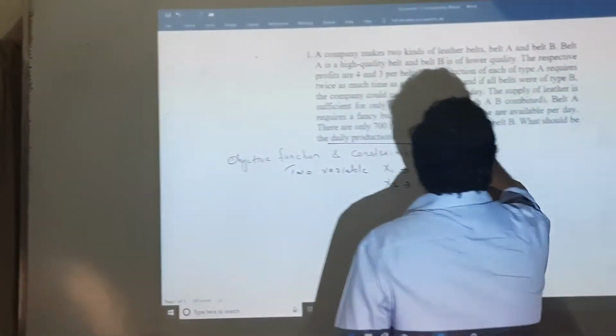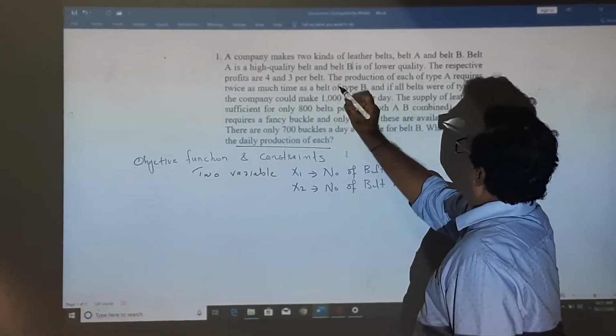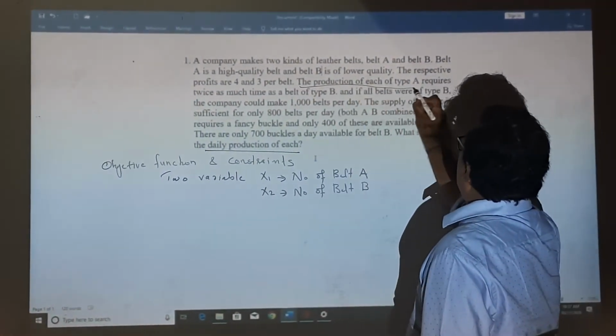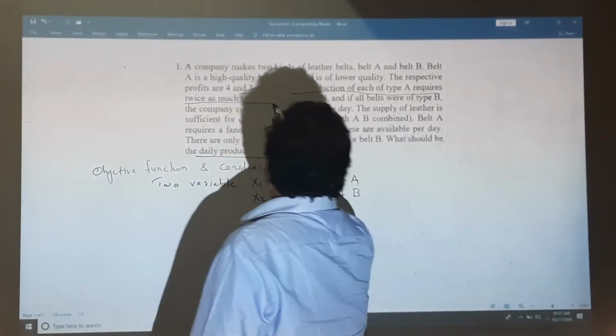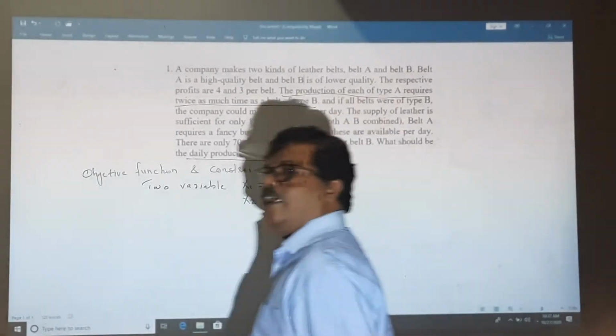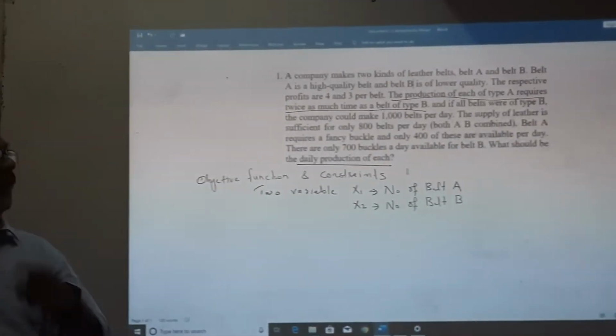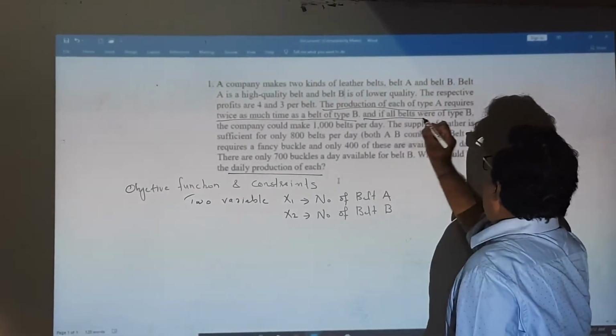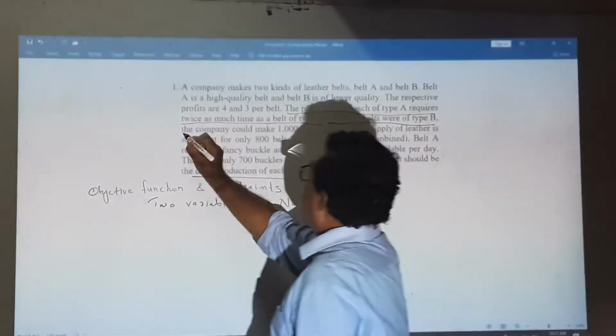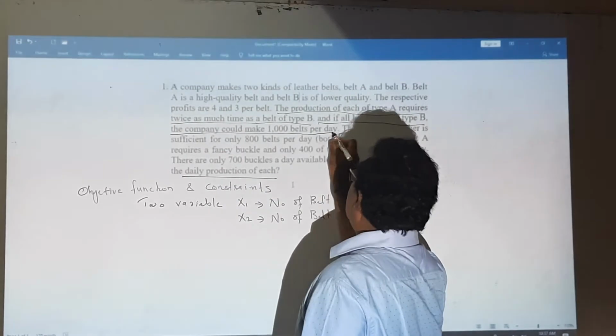One constraint is given as the production constraint: the production of each belt of type A requires twice as much time as a belt of type B. And also a condition is given, if all belts were of type B, the company could make 1000 belts per day.